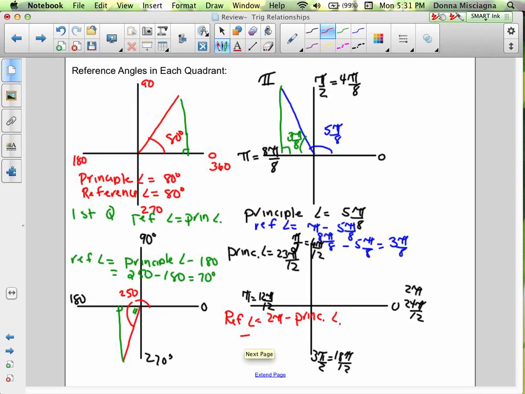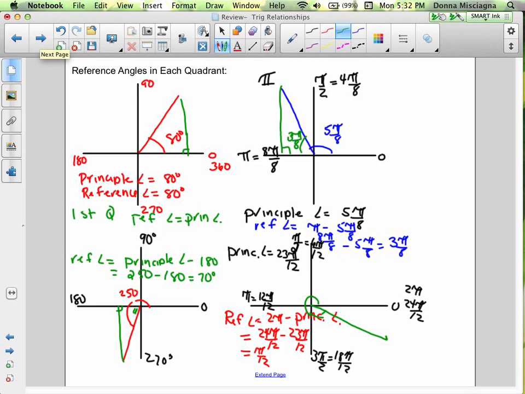So 2 pi is 24 pi twelfths, minus 23 pi twelfths, means the reference angle is pi twelfths. Oh, I forgot to graph it. 23 pi twelfths is in the fourth quadrant, because it's more than 18 pi twelfths but less than 24 pi twelfths.